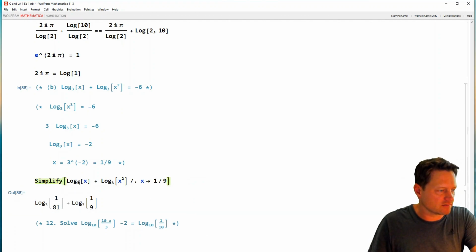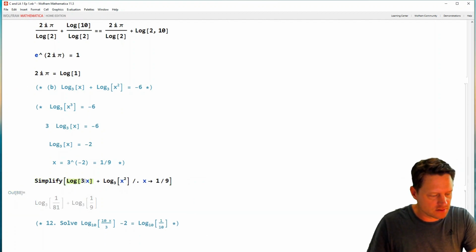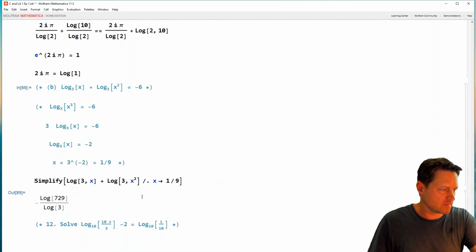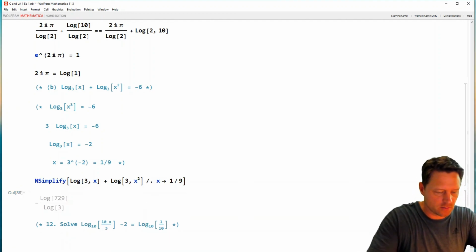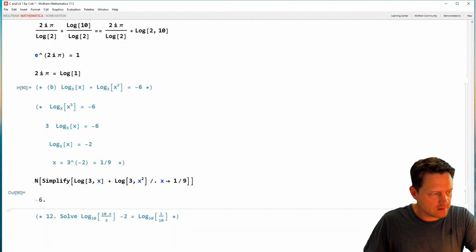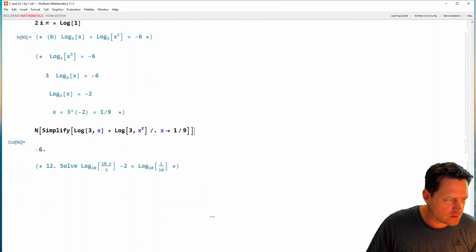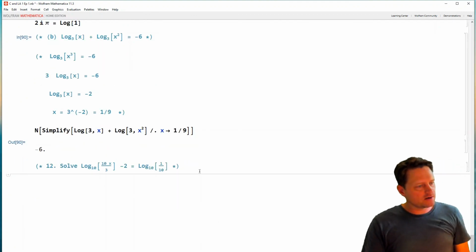All right, I see. I've done this again. Sure. So 3 comma that, 3 comma that, and then if you don't believe that, you can just take a numerical value and get -6. Okay, good. Let's have a look at the last question here.